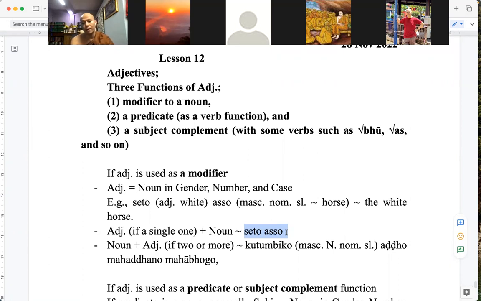So when you see seto asso, we can see the horse in white color in our eye or in our mind. So with the same reference, that is why they must be the same in gender, number, and case. That is the nature of adjective and noun. Why are they the same in gender, number, and case? Because they have the same reference.